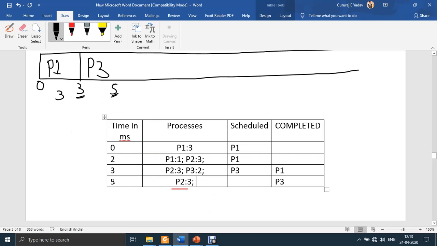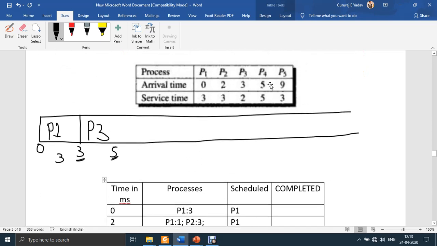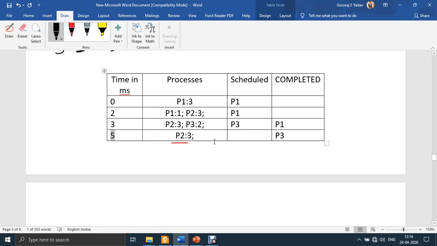At the same time, at time interval 5, one more new process has entered the ready state, which is P4. What is its estimated completion time? 5 milliseconds. So P4, with 5 milliseconds, has also arrived at time interval 5. Now according to preemptive SJF, you have to give the chance to the process with the least estimated completion time.